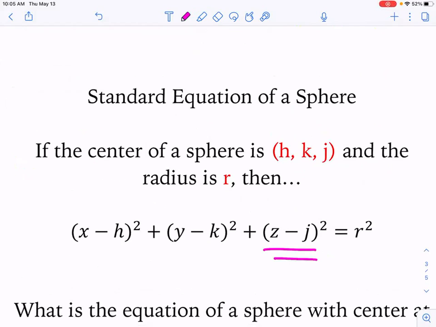So we have x minus h squared plus y minus k squared plus z minus j squared, but it still equals r squared. I know that it's really tempting to want to put r cubed because we're in 3 dimensions, but it's still r squared because we're still based off of some of that Pythagorean geometry. Okay. So we have a center and a radius. Here's the standard equation.